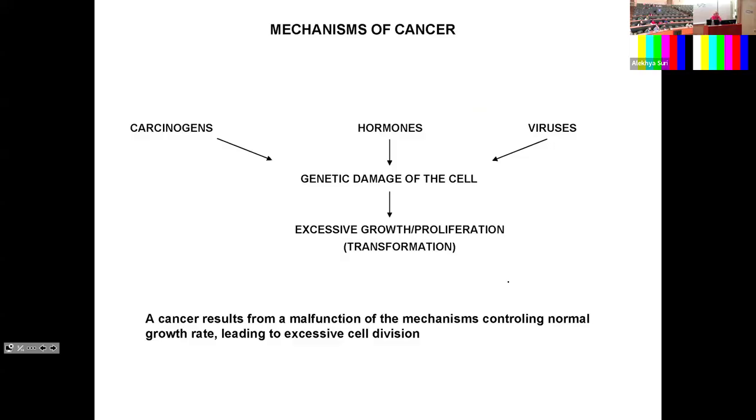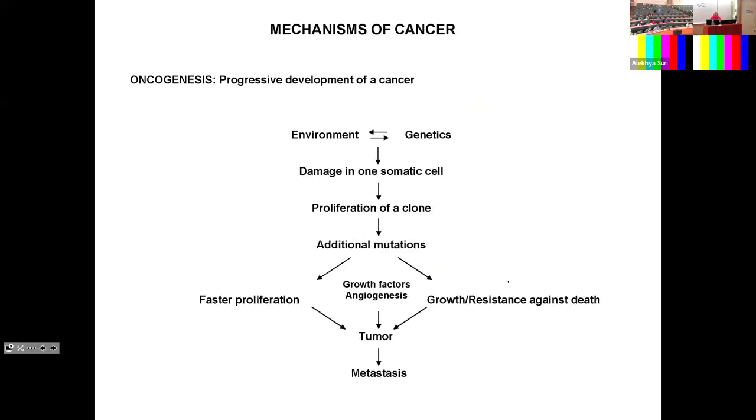So in synthesis, the cells will have genetic damage, and that damage will lead to excessive growth, excessive proliferation, what we call the transformation of the cell. This is another way to say oncogenesis, the process of development of cancer. And again, we say that this is genetic.